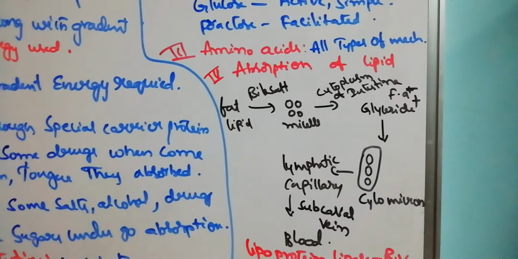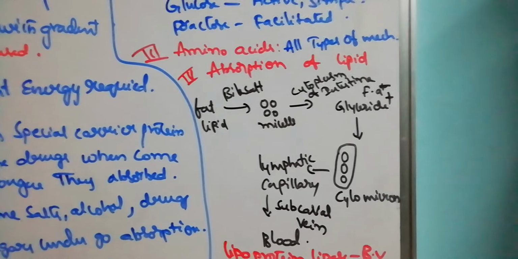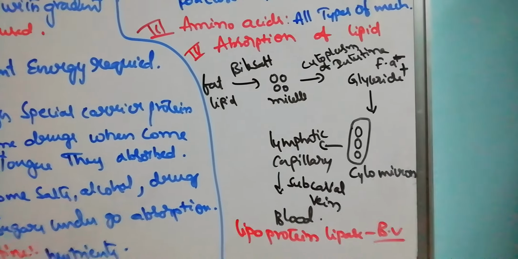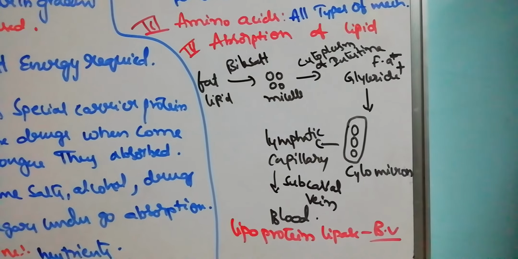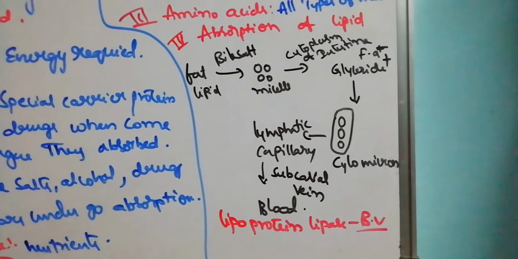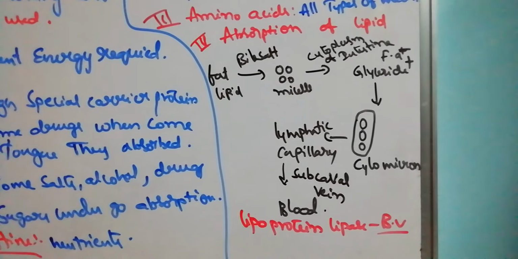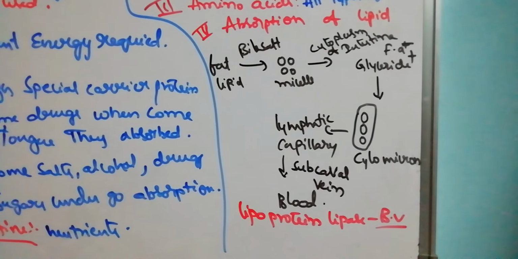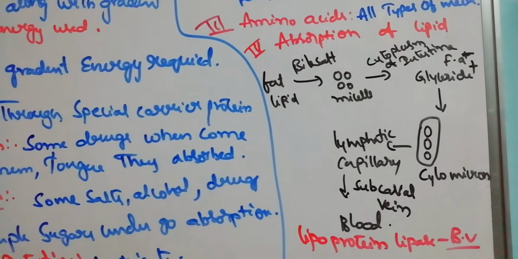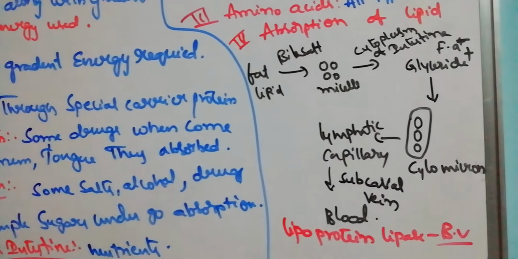Fats and lipids are first treated by bile salts, forming the emulsion. Later, the lipase enzyme converts them into fatty acids and glycerides. Those form the chylomicrons. The chylomicrons, consisting of fatty acids and glycerols covered with a glycoprotein, come outside by exocytosis and enter the lymph capillary. From that lymph capillary, they are carried to the subclavian vein into the blood. In blood, lipoprotein lipase is present, which breaks the fatty acids and glycerides apart.